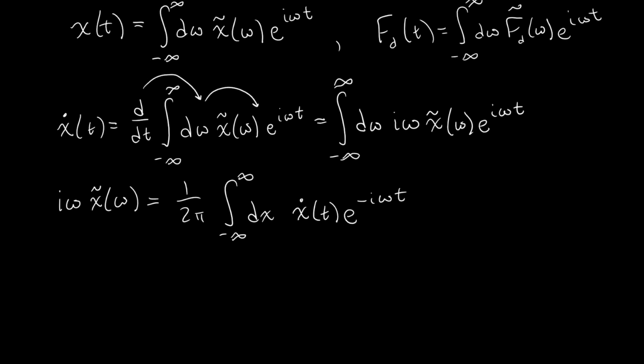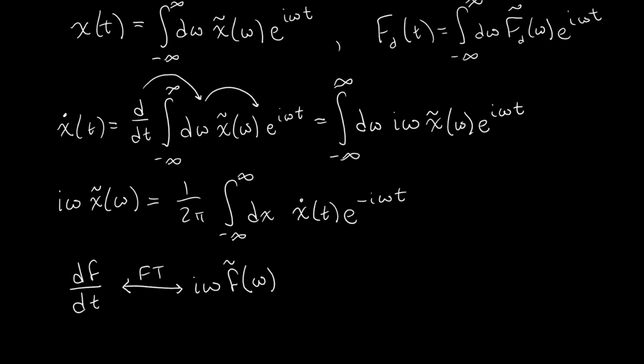But the important result is that when I have a time derivative of a function and I Fourier transform it, that just becomes i omega times that function.